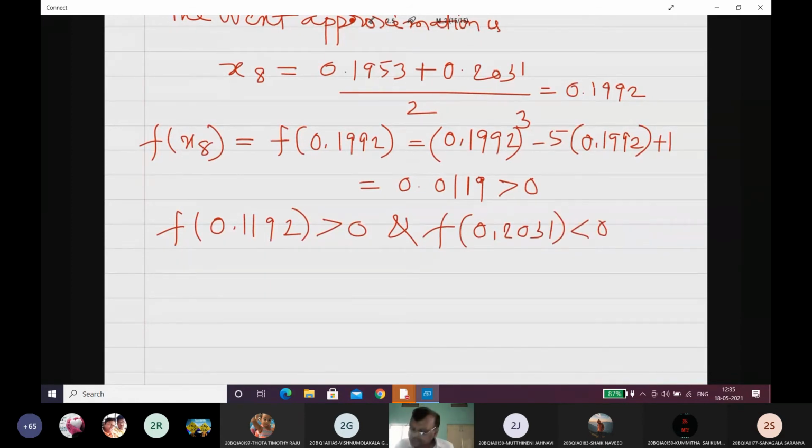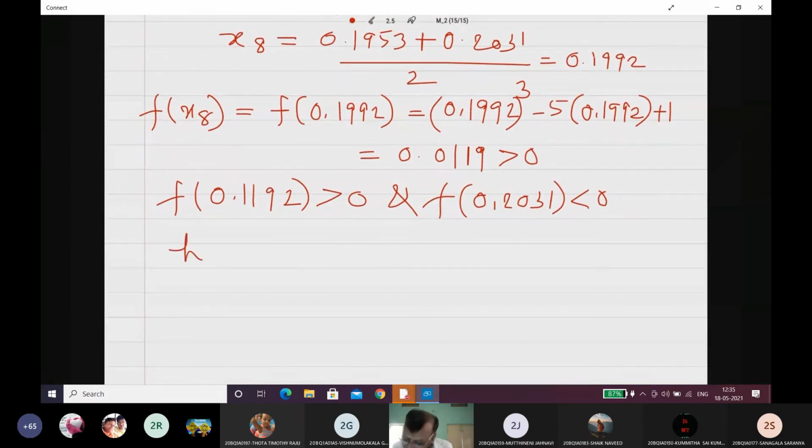Hence the root lies between 0.1992 and 0.2031.